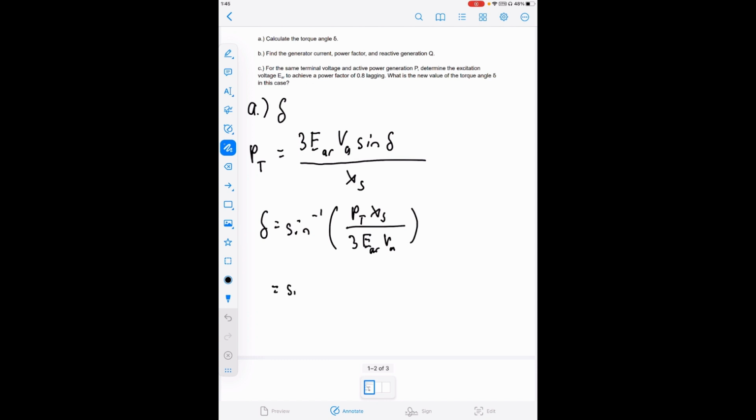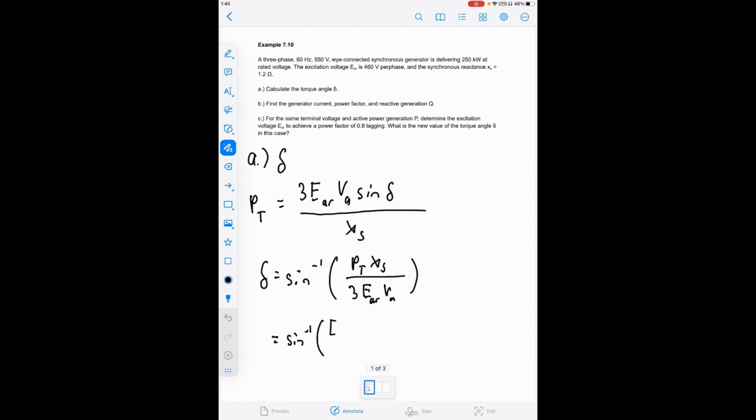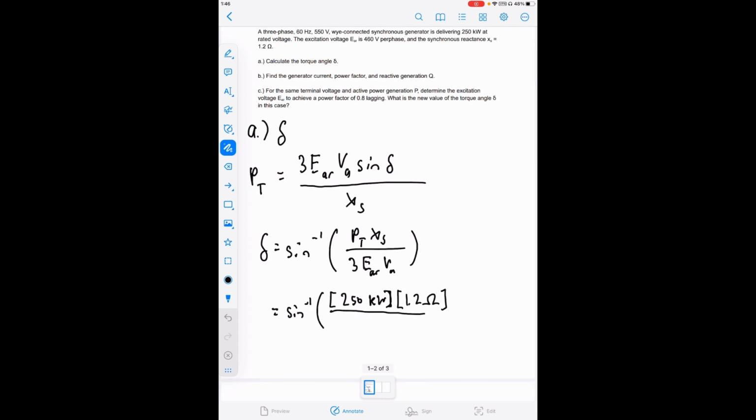Plugging in, we get inverse sine of power, which is 250 kilowatts. The synchronous reactance is 1.2 ohms. The excitation voltage, 460 volts.